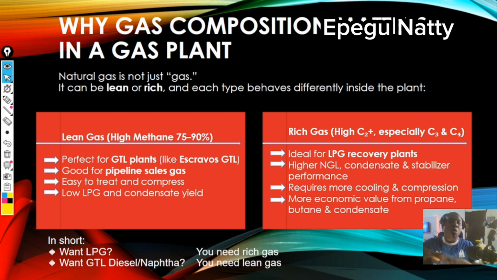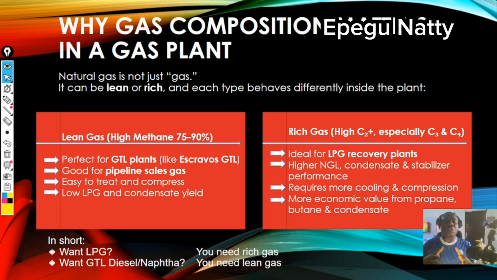When that is done, you compress it and send it out through pipelines as sales gas. Simple. You just send it out to power plants. That is what most of our power plants use in Nigeria. You send it out through pipelines to power plants and other commercial uses.